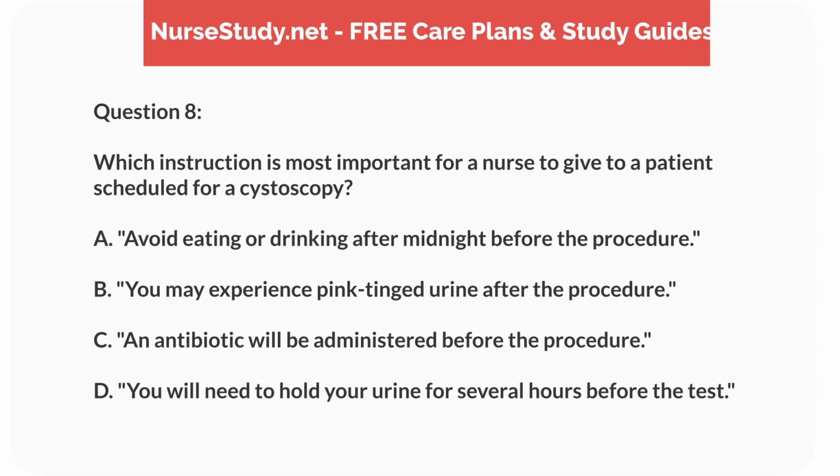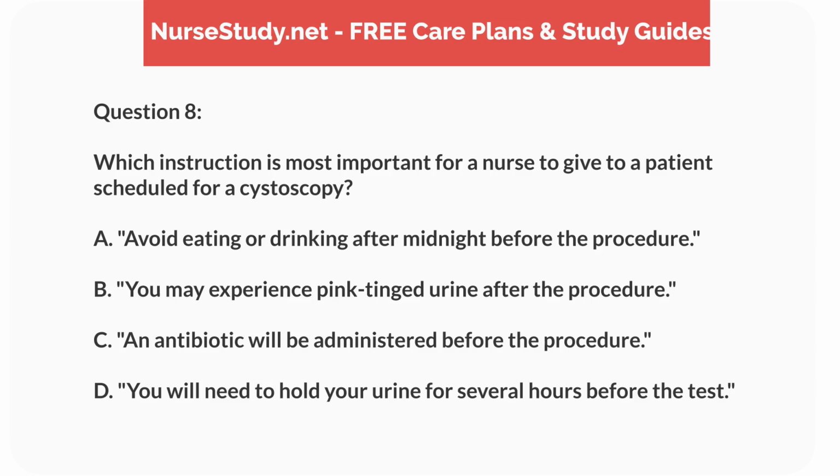Question 8. Which instruction is most important for a nurse to give to a patient scheduled for a cystoscopy? A. Avoid eating or drinking after midnight before the procedure. B. You may experience pink-tinged urine after the procedure. C. An antibiotic will be administered before the procedure.